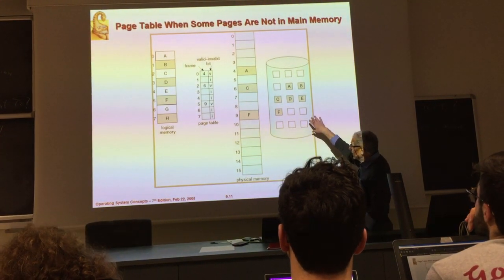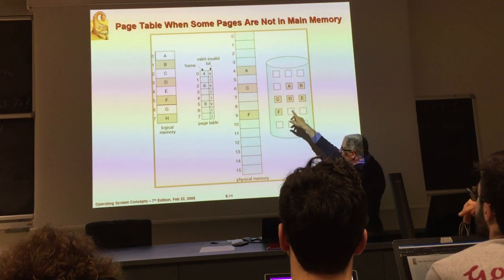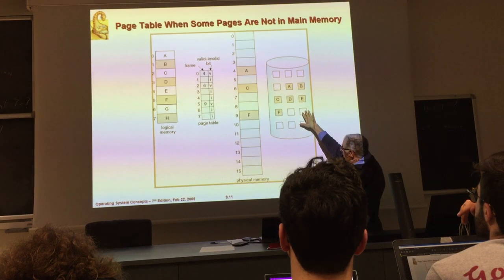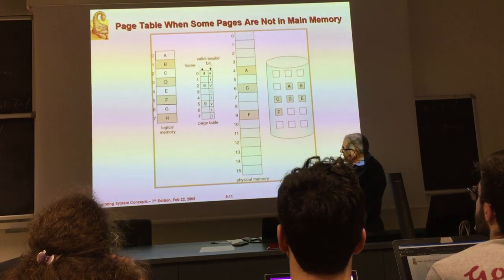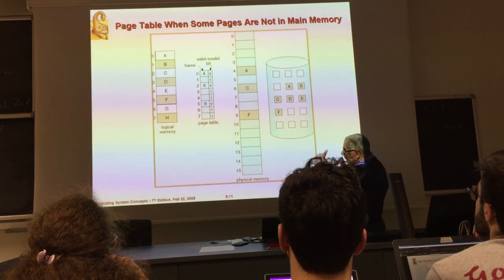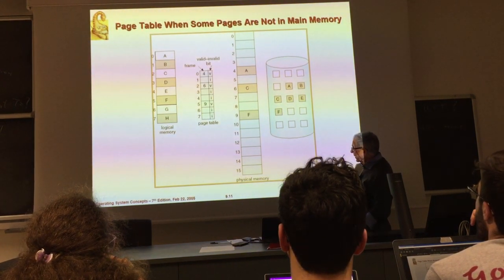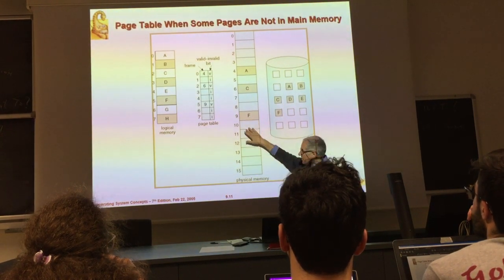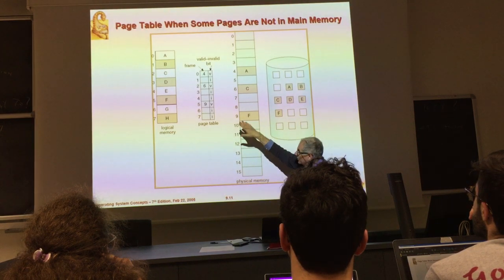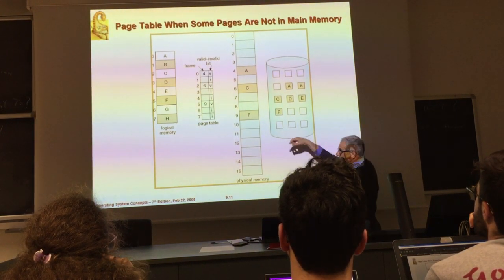The pages are in the backing store. And if you need to use, say, page D, it has to be placed somewhere here, so that the page table is updated with valid.